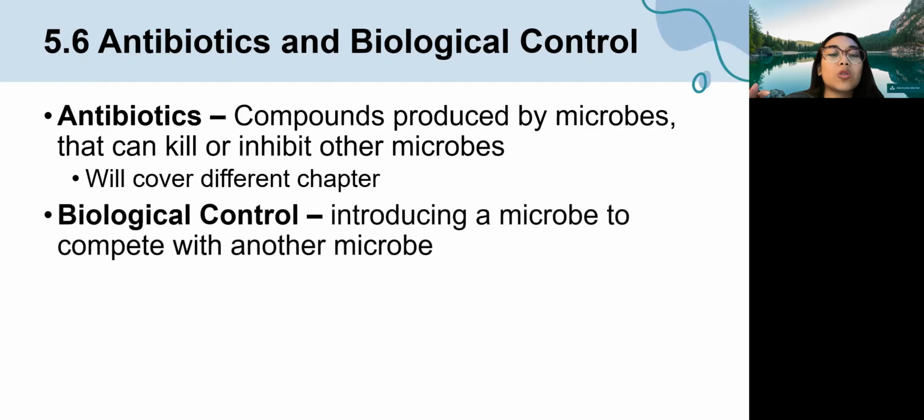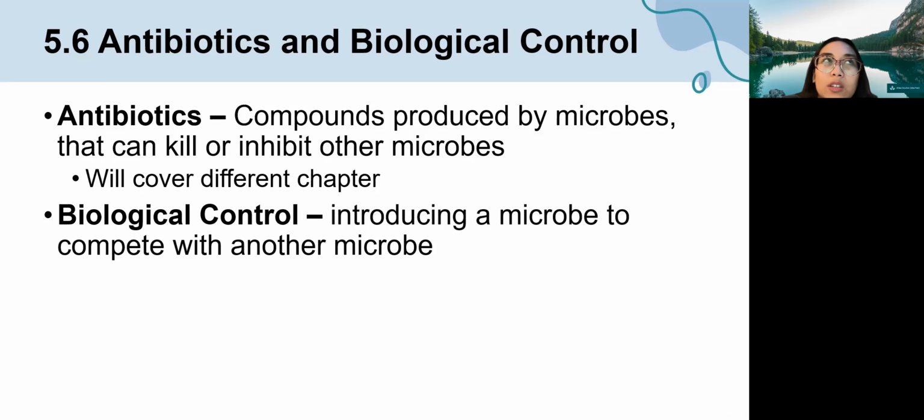So biological control means that we are using something that's living to control something else that is living. So for example, if I have an issue with salmonella, like, oh, there's so much salmonella here, I got to get rid of it. Instead of using antibiotics or antiseptics, you can use another living thing to get rid of the salmonella. An example of biological control that you might have heard of was in Gen Bio, during farming.